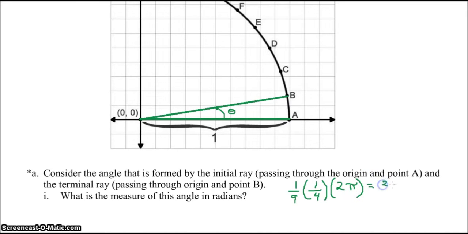So that's 2 pi over 36, which is pi over 18 radians. The way the book did it was they said we have pi over 2 radians in a quarter, and if we take 1/9 of that, we get pi over 18.